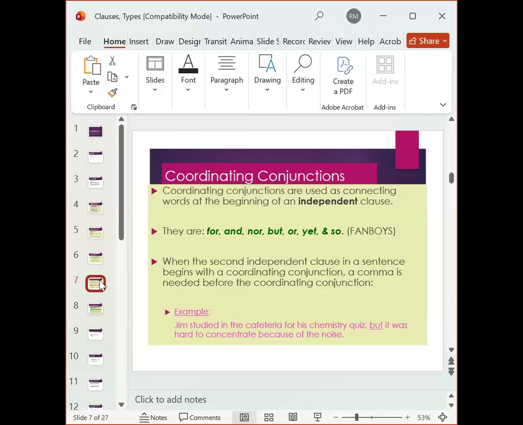Even though there appears to be a dependent marker, it still doesn't make it a clause, because the key feature of a clause is a finite verb, which is lacking in because of the noise. So that structure cannot be a clause. But there's a finite verb in it was hard to concentrate because of the noise. What's the finite verb in that independent clause, class?